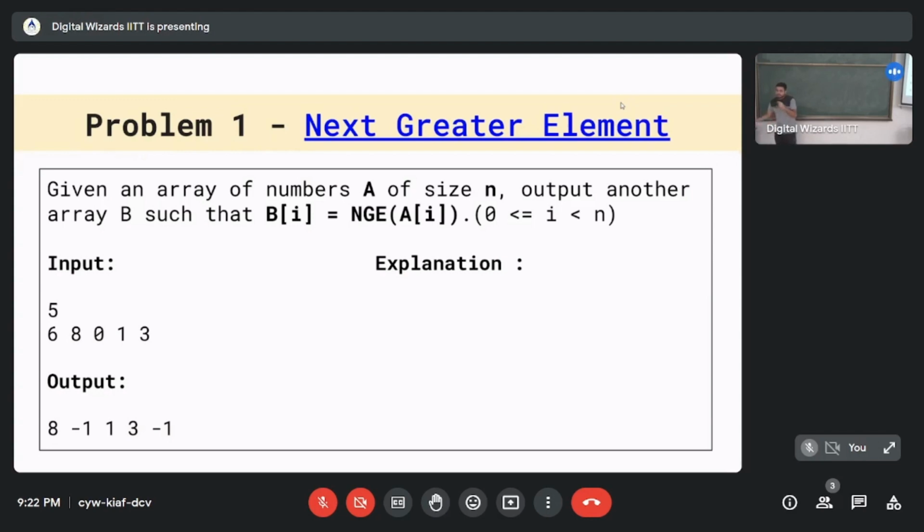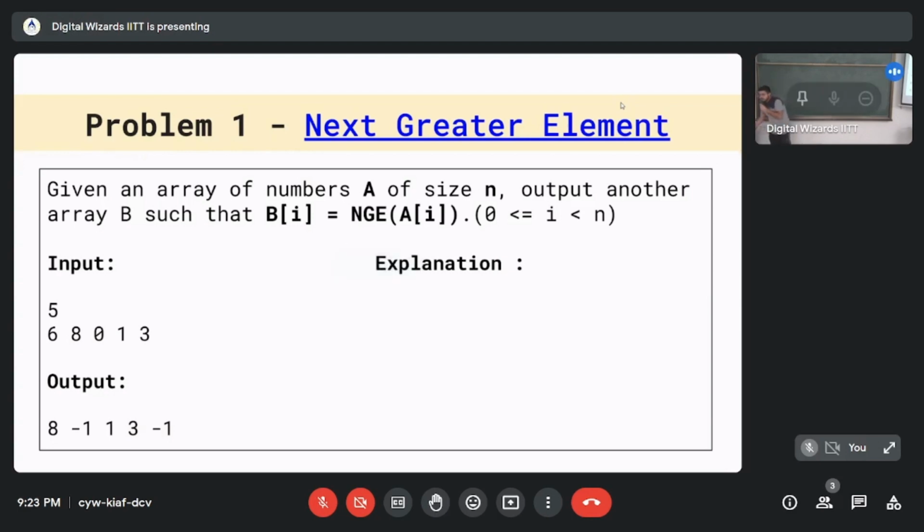There are a few kinds of people who have actually seen this problem. Type 1, who have just read the solution; they tried on their own, didn't find the solution, and just remembered it. The other type are people who have actually tried this problem and designed a data structure to implement this. And the third type are people who have understood the pattern. So we'll be focusing on the third type.